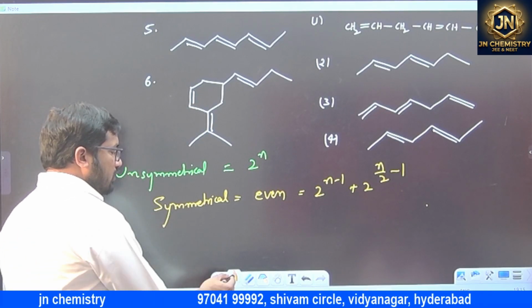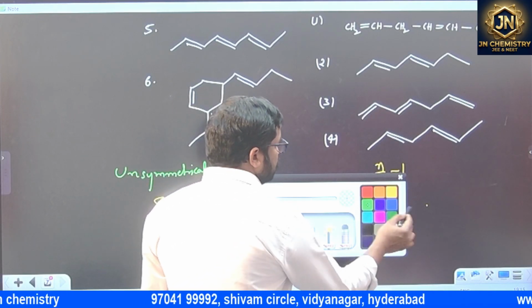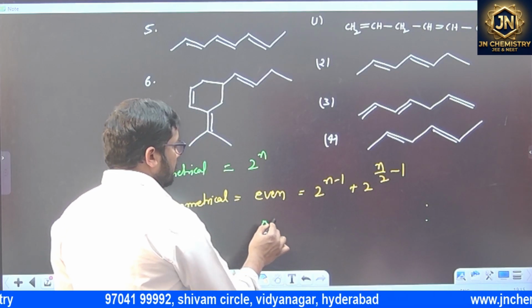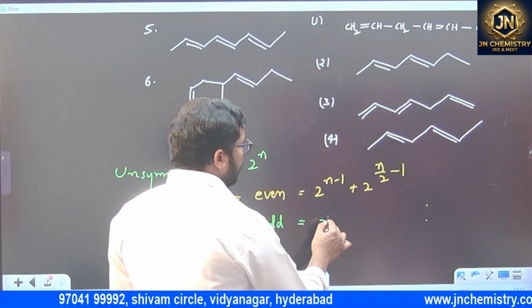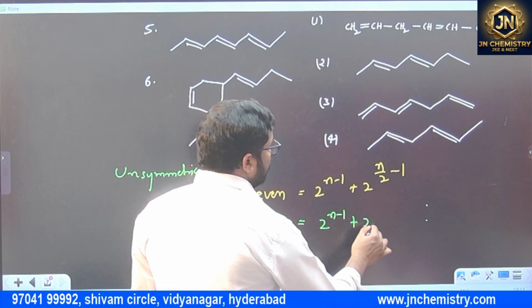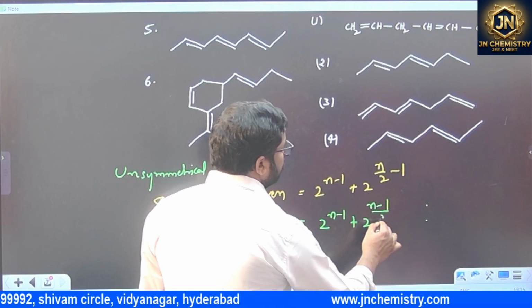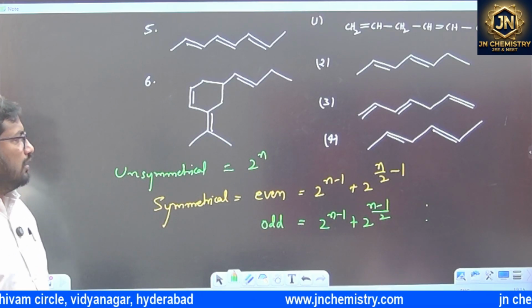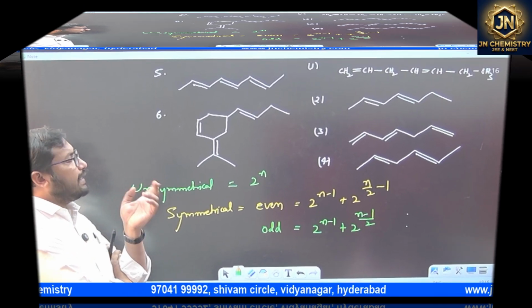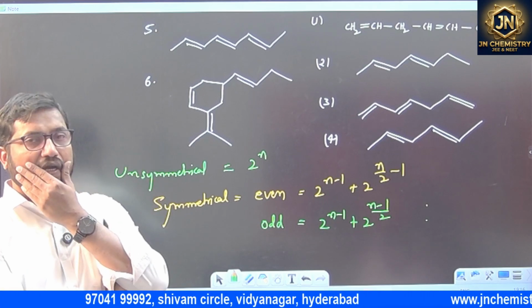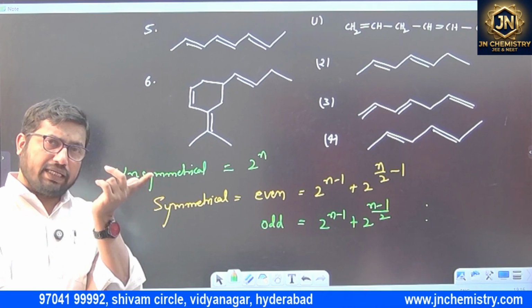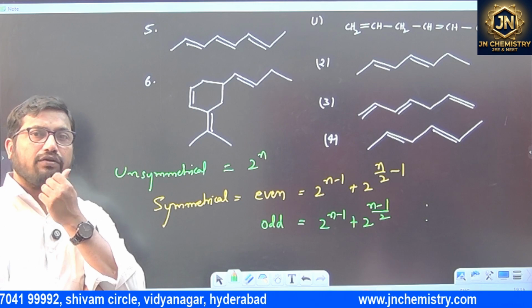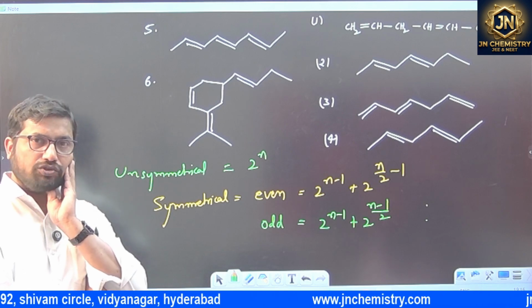In case of odd, it is 2 power n minus 1 plus 2 power n minus 1 by 2. Write the formulas. This complete geometrical isomerism was already in our playlist and in the live session. You can go back and watch those videos.